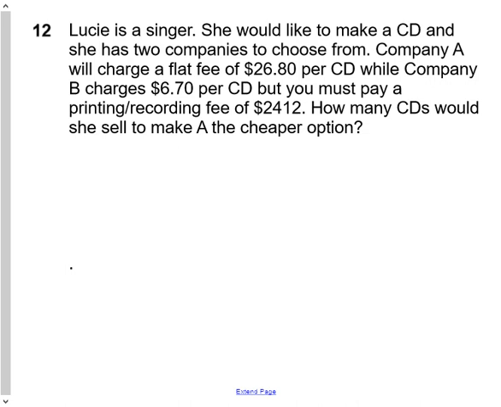So before I do anything, I want Company A to be less than Company B. That's my goal, is to make going with Company A the cheaper option. So A has to be less than B. So if I think about what this is going to be, X is going to represent the number of CDs they sell. At Company A, it says we'll charge just $26.80 per CD.